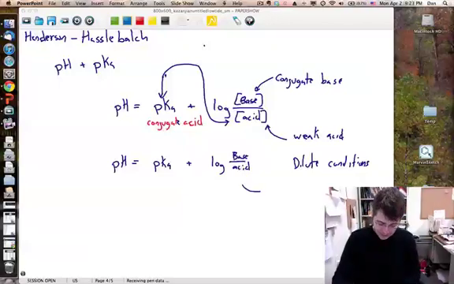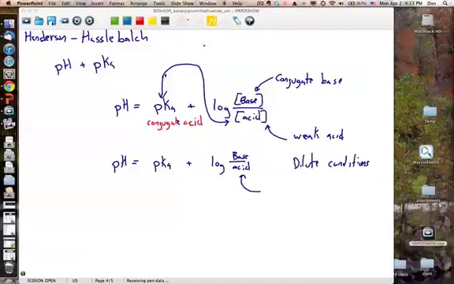What's nice is that because it relates to the ratio of the base to the acid, we can often use moles rather than molarity for these, even though they're listed as concentrations. We can often use moles rather than molarity because they are a ratio. The units would drop out.